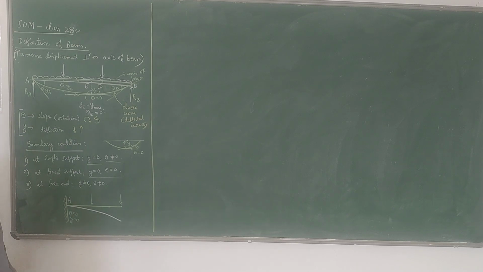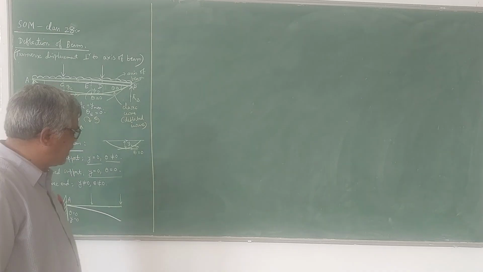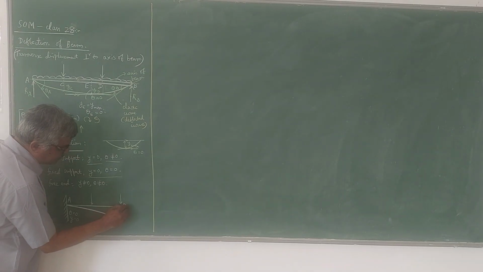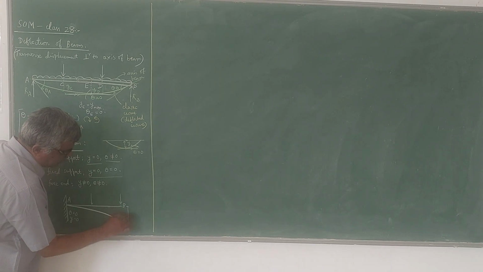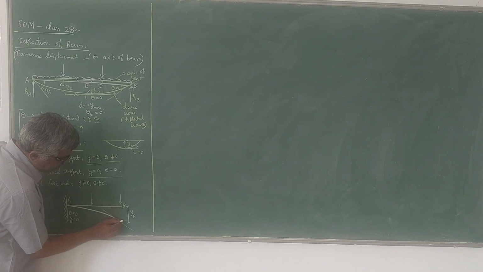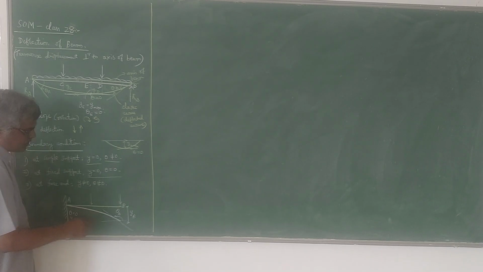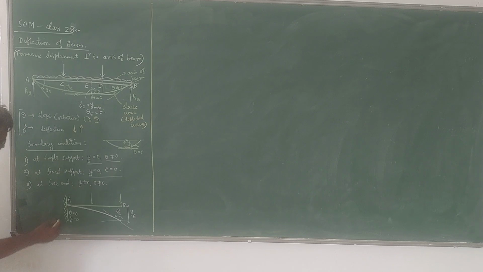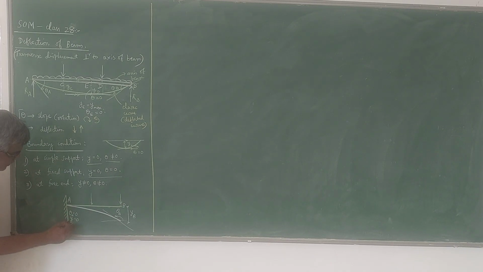At the fixed end you don't have any rotation or deflection. Whereas at the free end, B, you have both rotation and deflection. If you draw a tangent here, it makes an angle with the axis, that is theta B. So both theta B and YB exist, whereas theta A and YA will be 0. That is the second boundary condition.